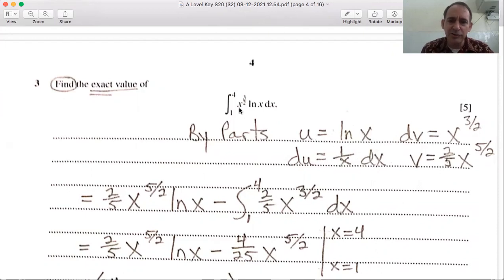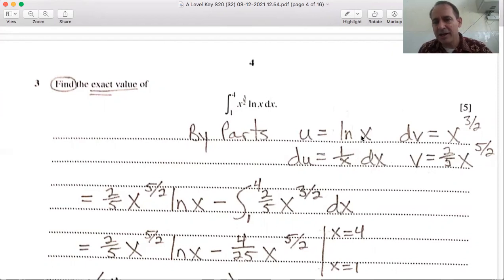Normally, you would use the x to the 3/2 or x to a whole number as your u, because when you take the du, it simplifies down. But in this case, we can't do that because for our ln x, we don't have an integral. So since we cannot integrate our ln x, it needs to go into the u.